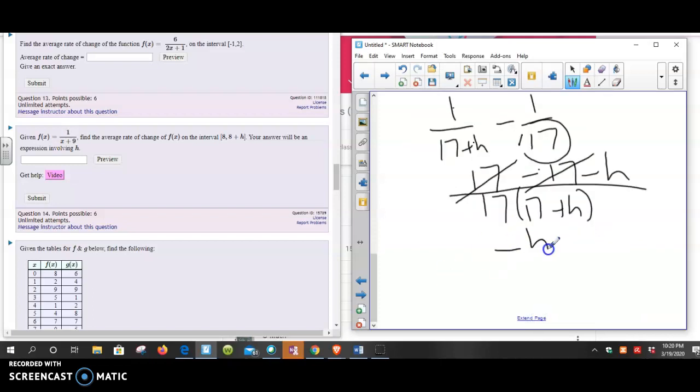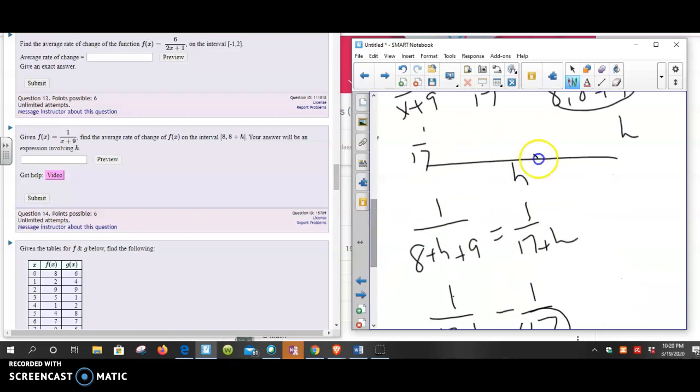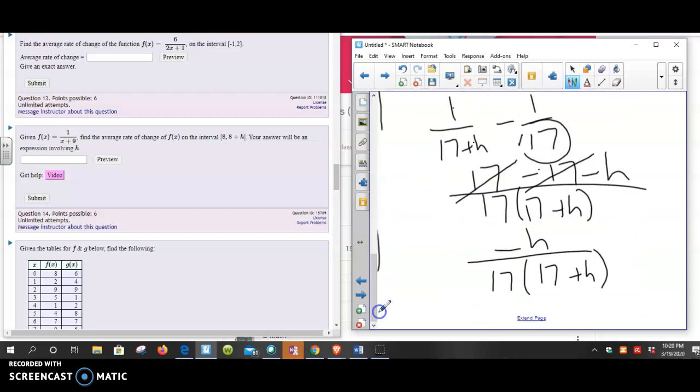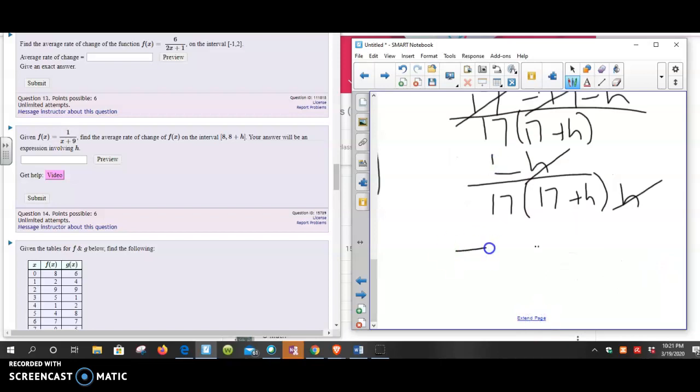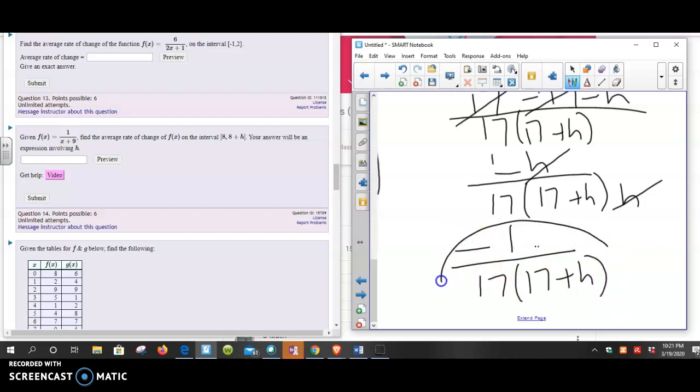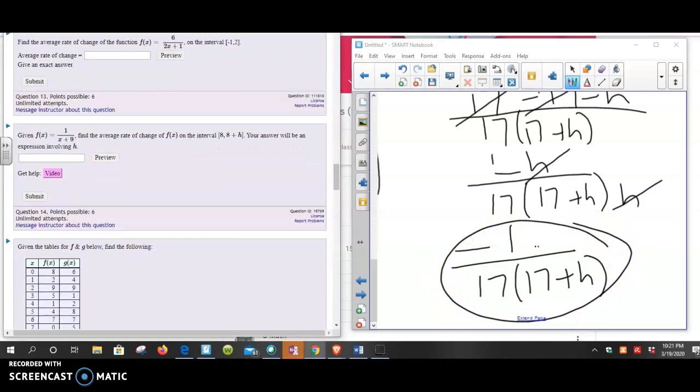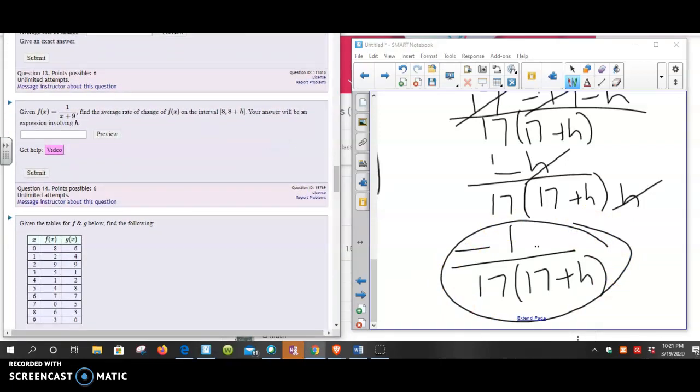And we're going to get negative h over 17 times 17 plus h. And then remember the distance in the denominator was h, so we have to put h in the denominator. And that h is going to divide out with this h. So that becomes a 1. So we have negative 1 over 17 times 17 plus h. And that is okay that we have an h in our answer because the directions say to write your answer with an expression involving h.